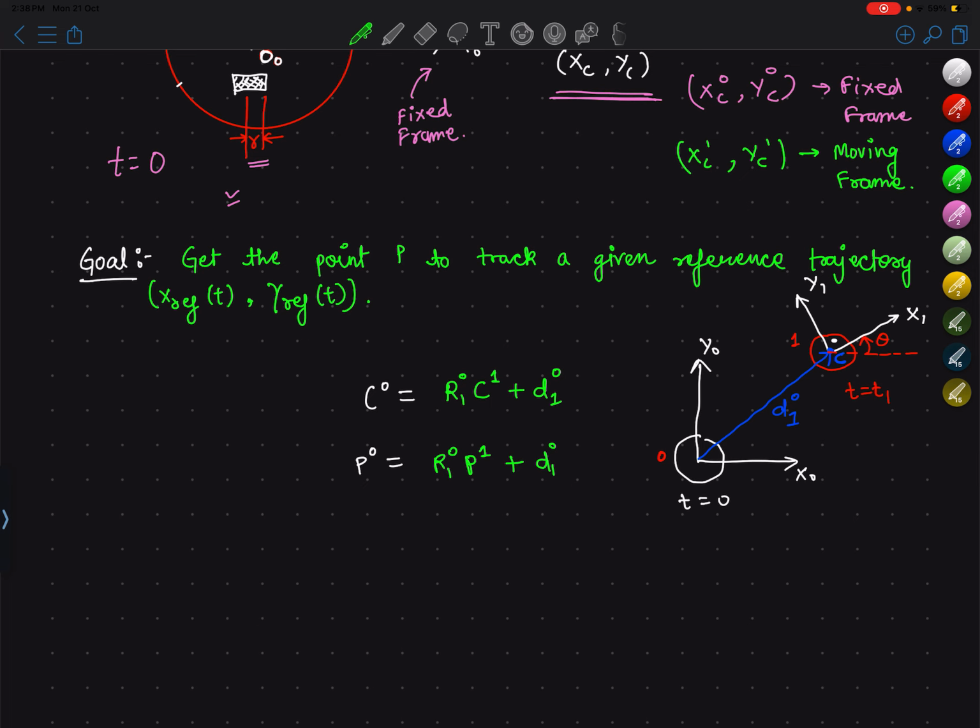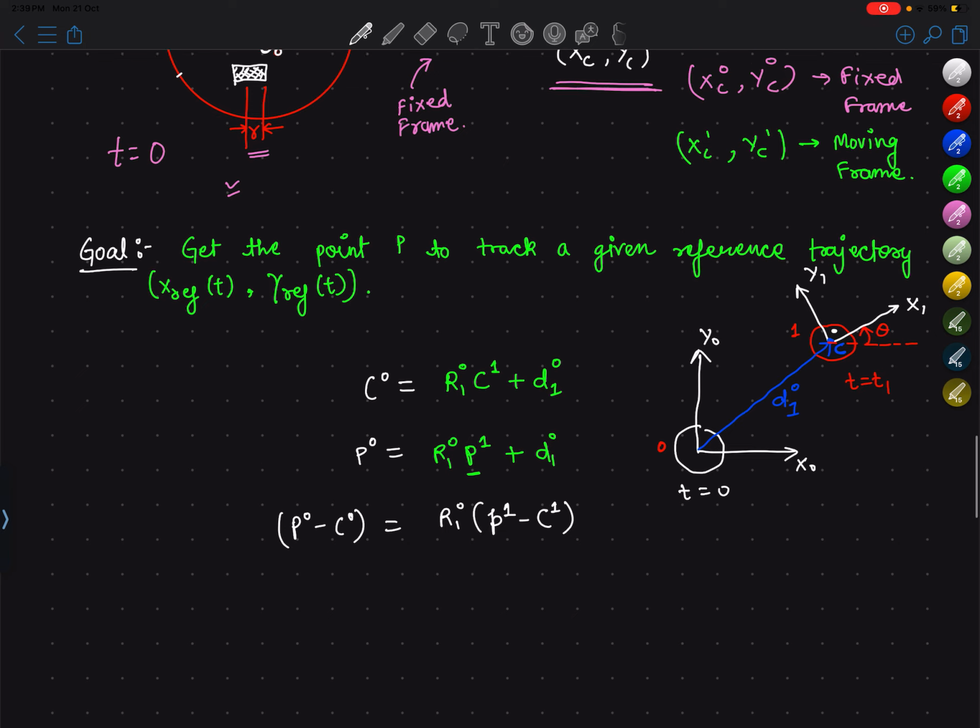P1 is the representation of point P in frame 1 and P naught in frame 0. So I think this is obvious. Now let's subtract these two. What we'll get is P naught minus C naught equals R1 naught times P1 minus C1. This is the relation that we got.